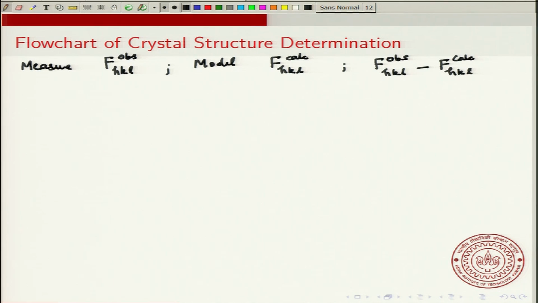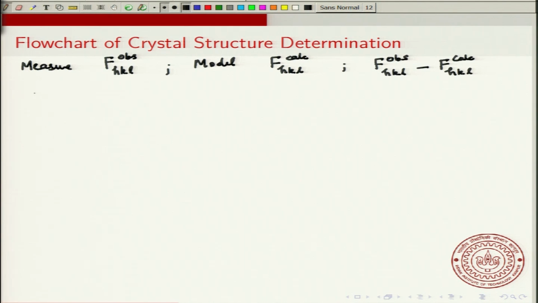Clearly, as we had already seen, there are a lot of things to be determined. You have to determine H, K, L, A, B, C, and then you have to determine the coordinates of all the atoms in the crystal, all the atoms within the unit cell.